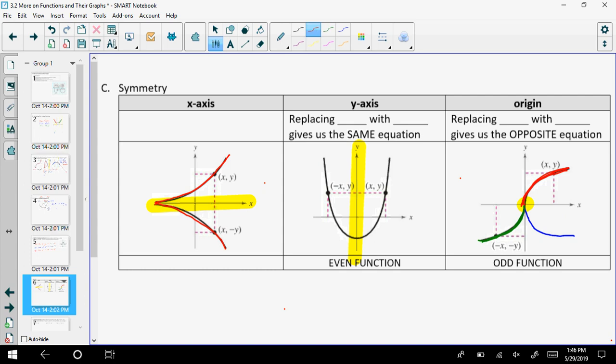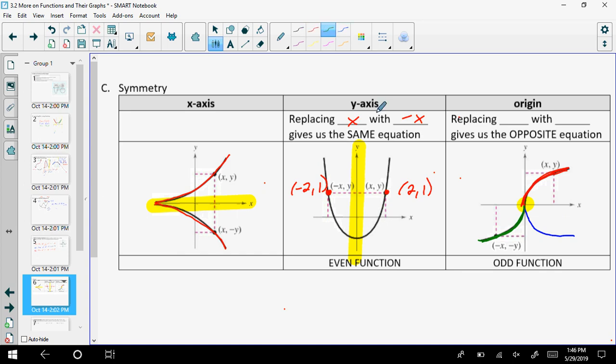So now, a way to tell what kind of symmetry we have: if you replace x with -x and you simplify and you get the same exact equation out, it has y-axis symmetry. Why does that work? Well, look at this. Like this point right here, if its ordered pair was (-2, 1), if it has y-axis symmetry, then (2, 1) should also be on the graph.